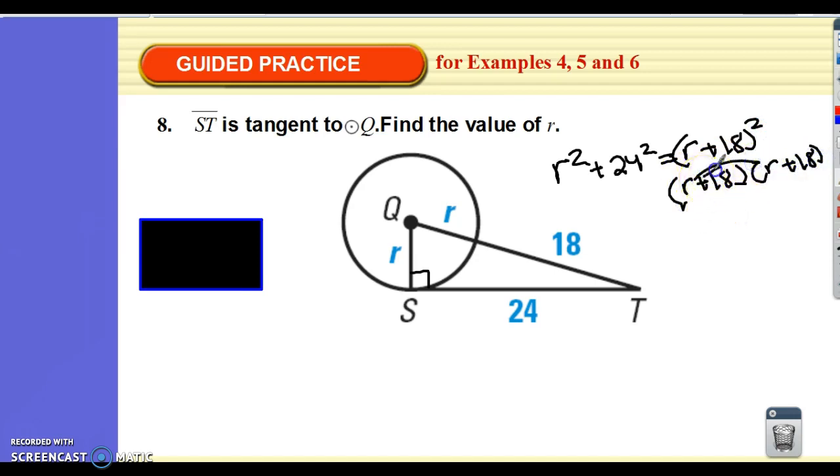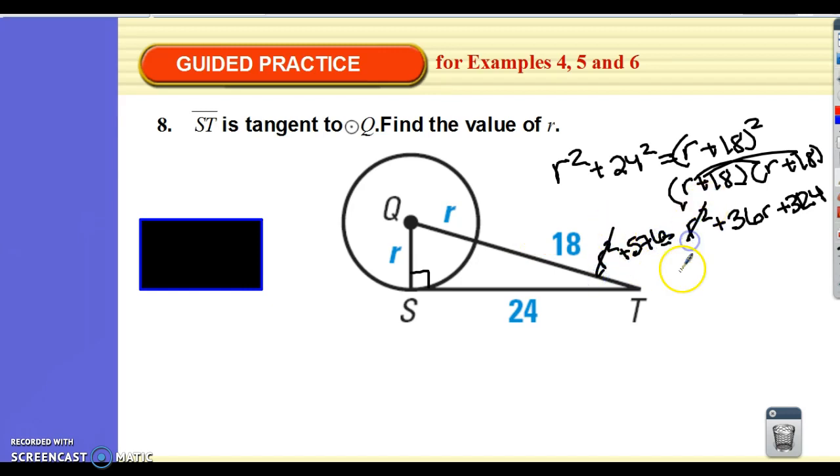When you FOIL it out, you get r squared plus 18r plus 18r is plus 36r plus 18 squared. And 18 squared is 324. And 24 squared is 576.